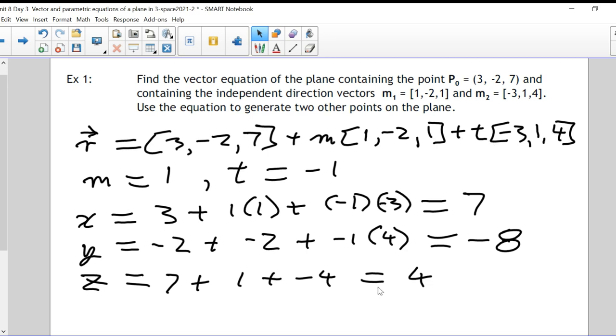What am I doing wrong? Y is 1. Y is 1. The z. Okay. So you're saying my y was wrong then? Is that what you're saying? -2 plus -2 plus -1 times 4. Okay, so that's good for minus. Oh, yeah. Okay, fine. Yeah.